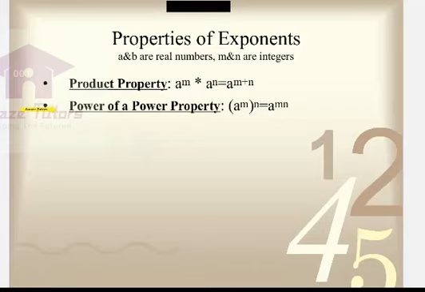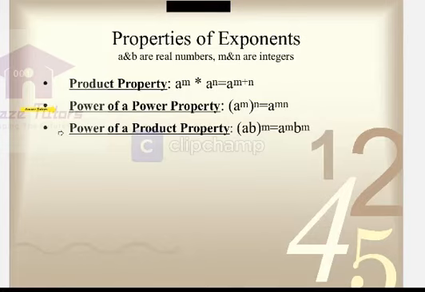Now, let's look at rule 3, which is power of a product. Power of a product means there is a power m outside, the whole power m. This is a product. So we simply distribute the power inside to each and every term. That is why it is a power m times b power m.